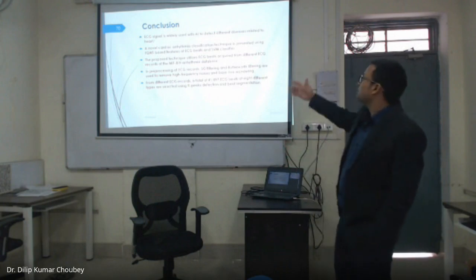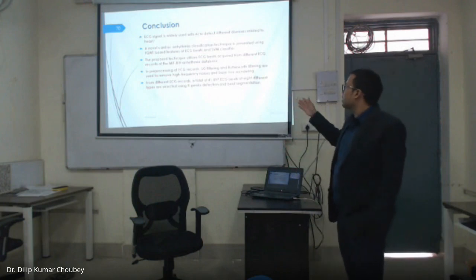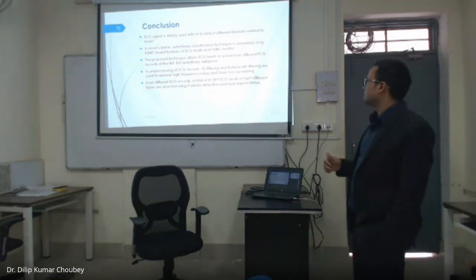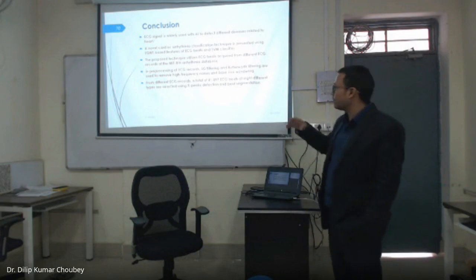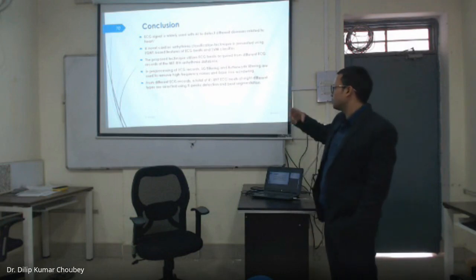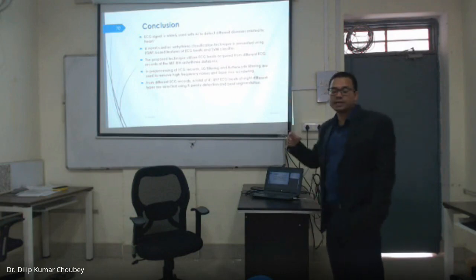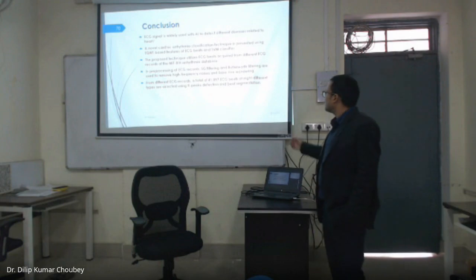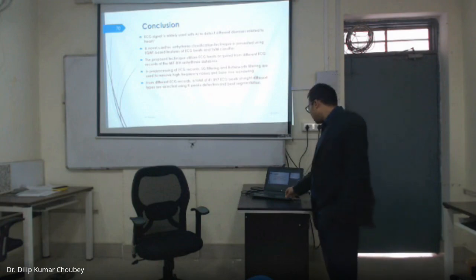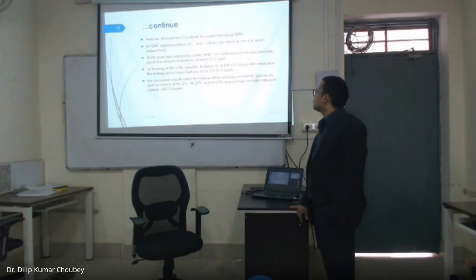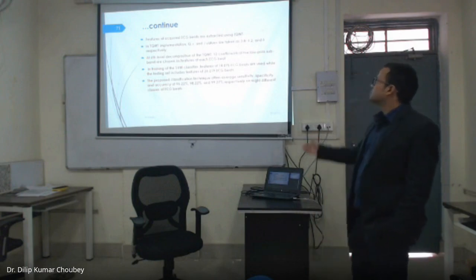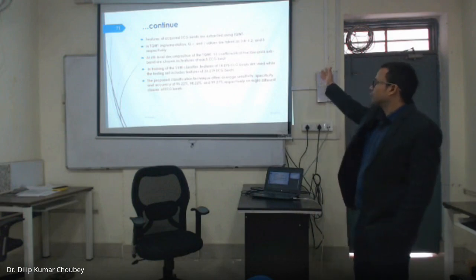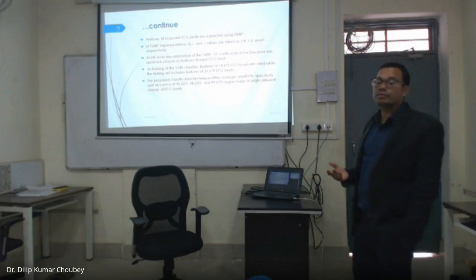After that, for the pre-processing part, filtering and Butterworth filtering have been used, and for the overall data set for training and testing, a total of 41,097 ECG beats are taken. The R-peak detection has been performed using the Pan-Tompkins algorithm, and for feature extraction, the wavelet transform has been used.